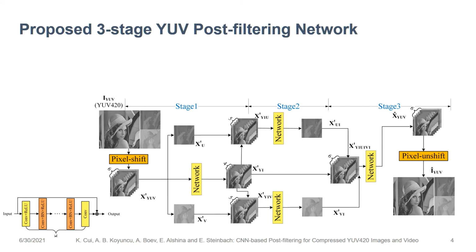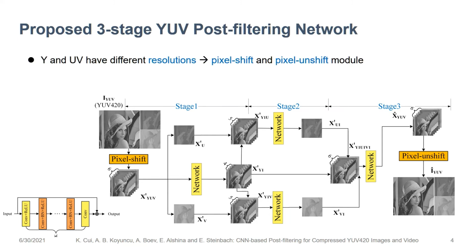For each subnetwork, the network structure shown in the bottom left is adopted. It is designed based on the YUV characteristics. Since the Y and UV channels have different resolutions, we introduce pixel shift and pixel unshift modules to make the concatenation possible.